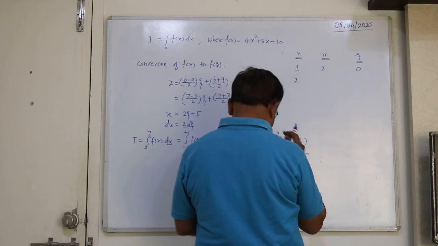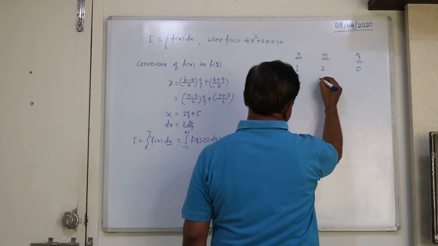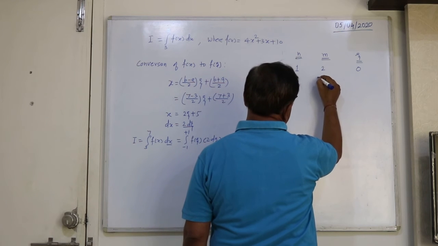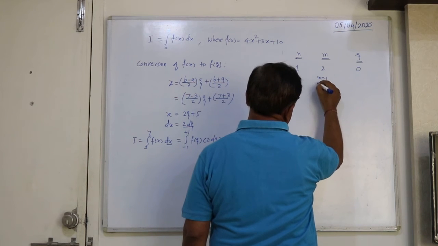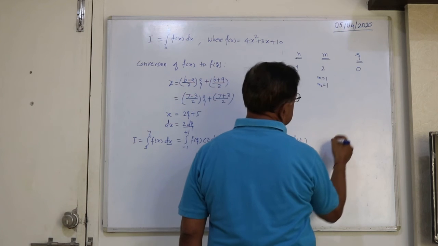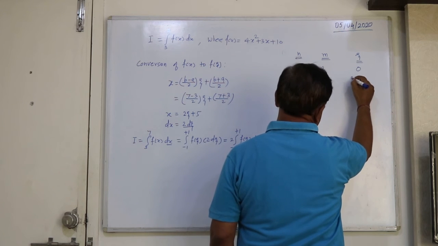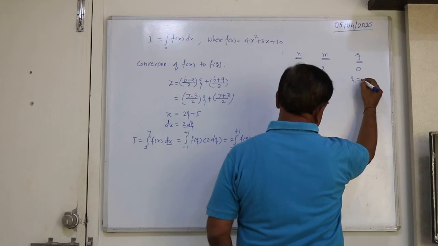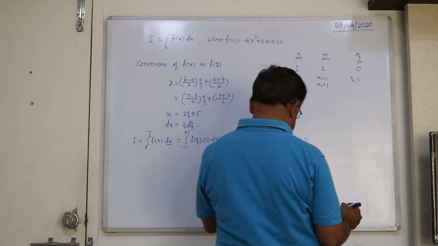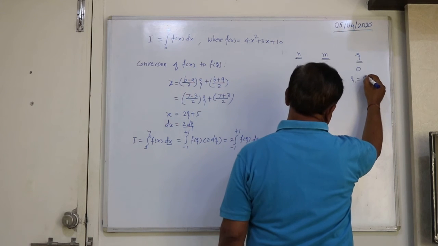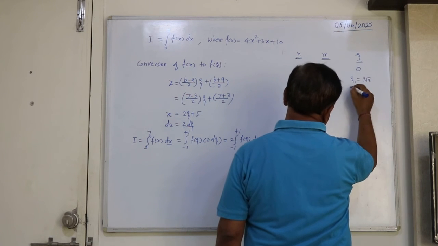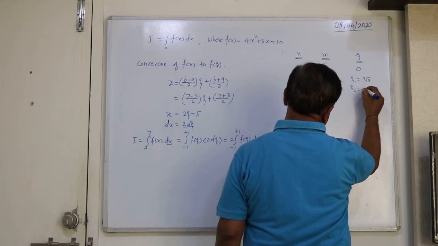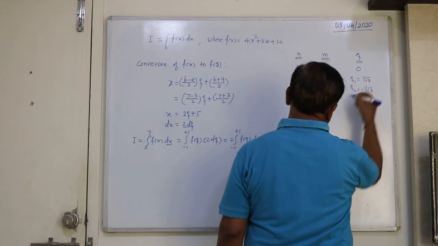If you take 2 points, then m1 equals 1, m2 equals 1, and xi1 is 1 upon root 3, and xi2 is minus 1 upon root 3.